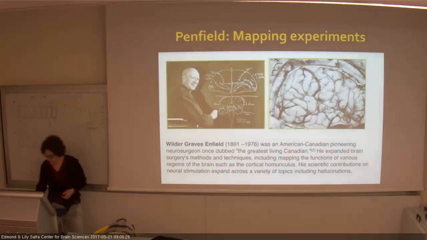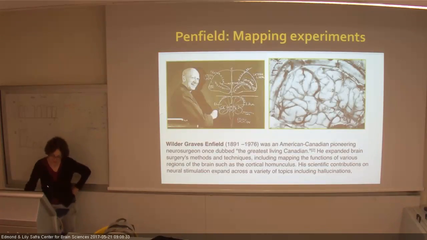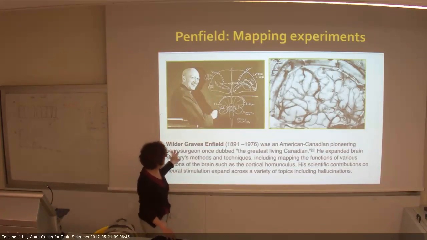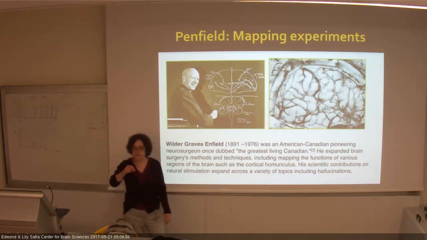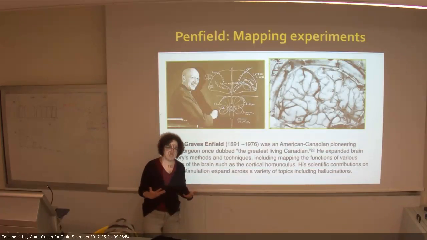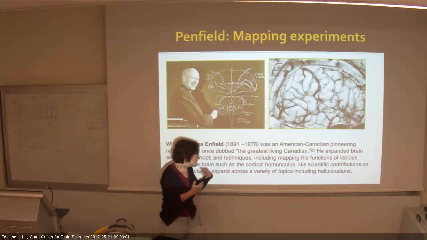Now later on, Penfield really started the entire concept of the motor map, the motor homunculus, and also mapped many different brain areas. He was basically a neurosurgeon who, during surgeries, stimulated different areas of the brain and tried to understand organization and issues like mental processes.